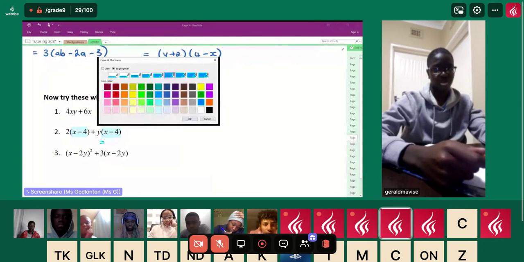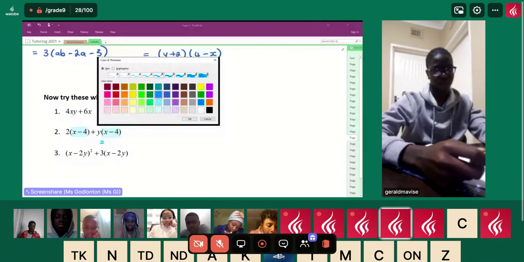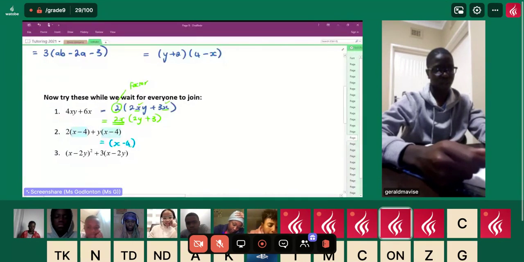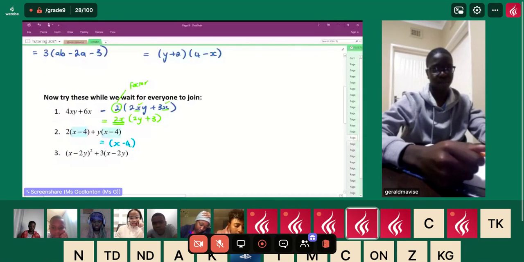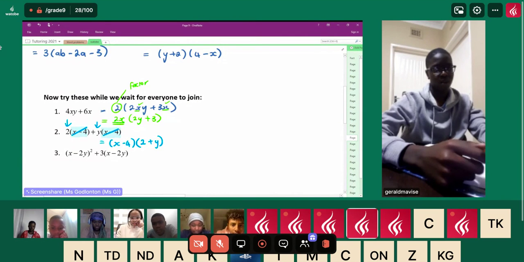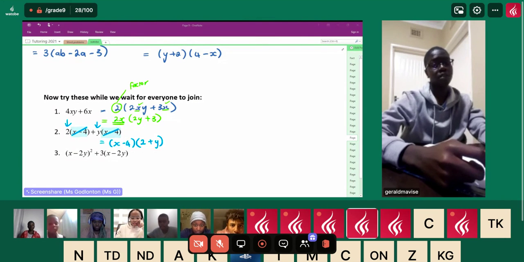So we're going to land up taking out x minus 4. And when we take out a common bracket, we can actually just kind of cross it out in our minds. And in our new bracket, we're going to say, well, we're left with a 2 and we're left with a plus y. Does that make sense? Yeah, it does.